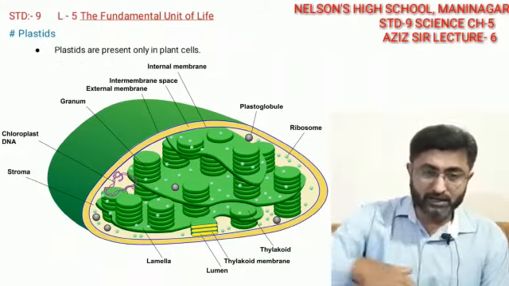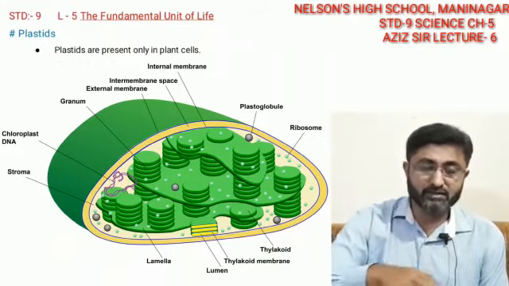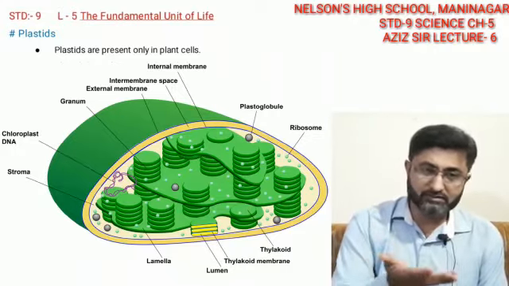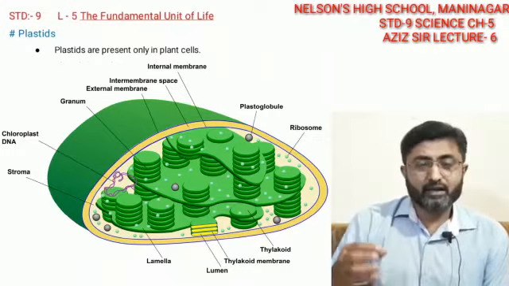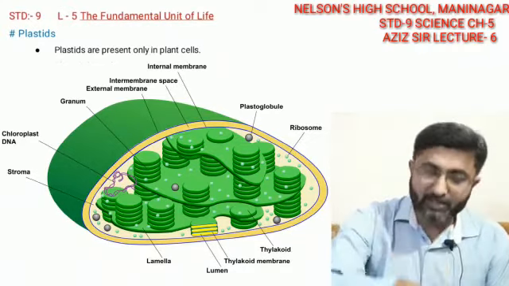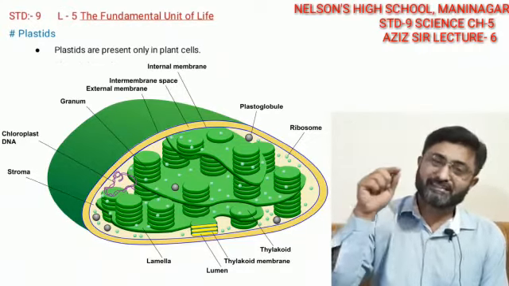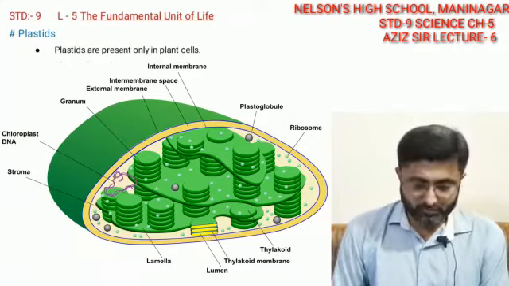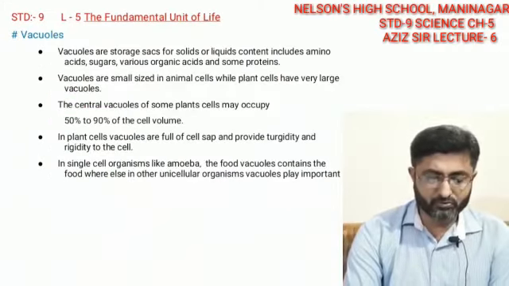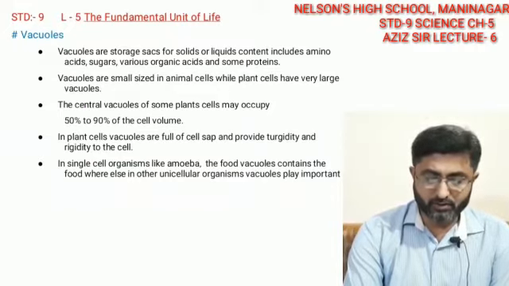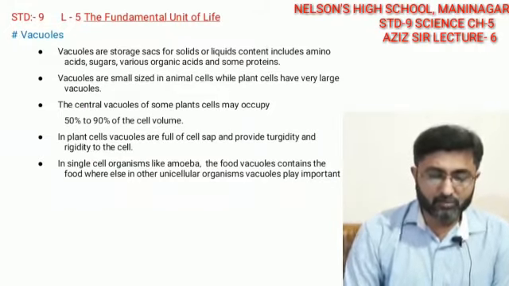So the whole basic material present in the plastid is known as stroma, and this stroma contains grana, and this grana contains thylakoids, and these thylakoids contain the chlorophyll pigment inside them. Fine. So the next topic we are going to take for today is vacuoles.